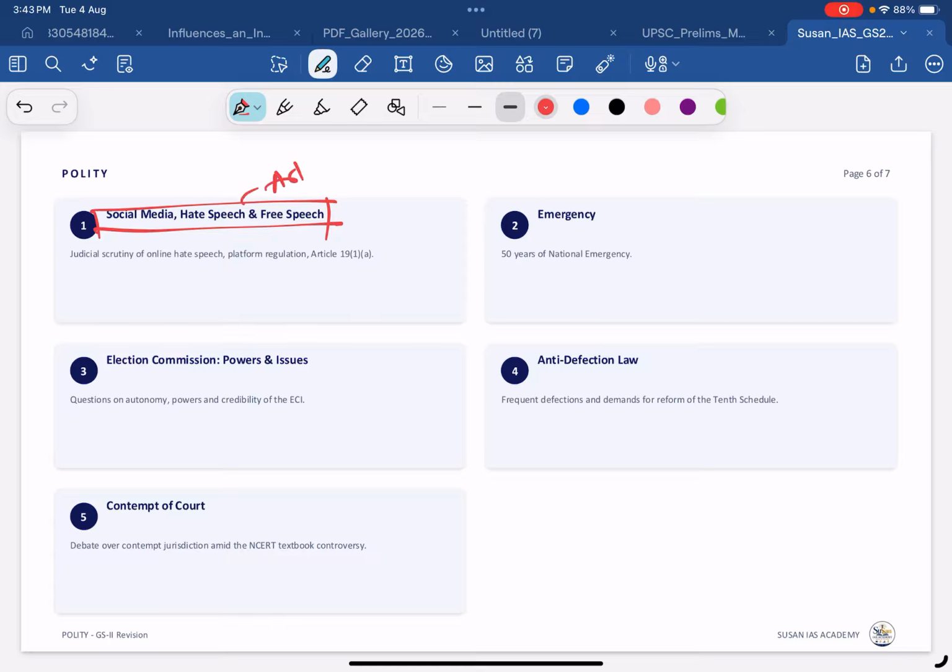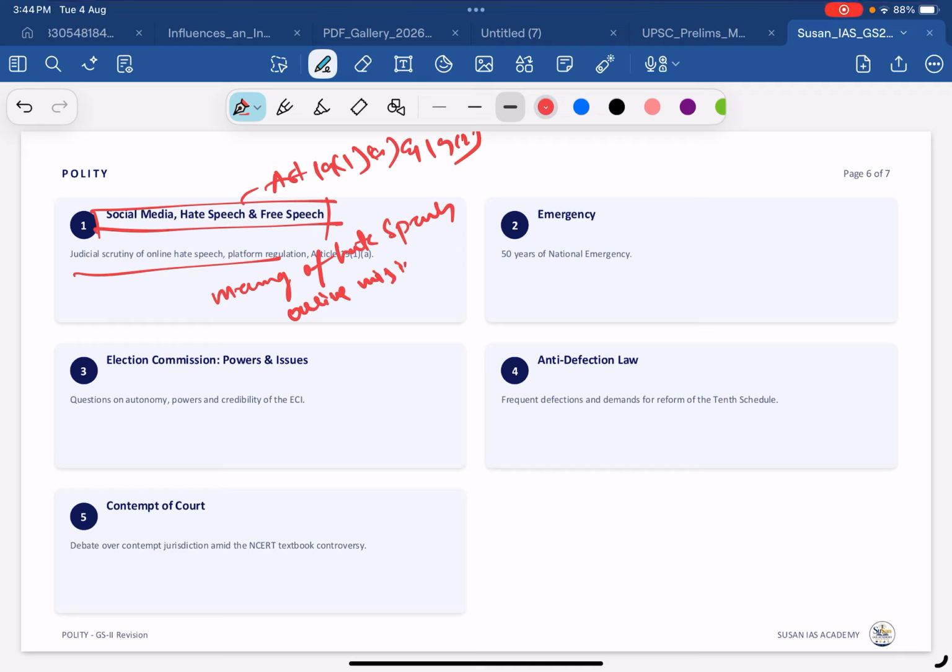It comes under Article 19(1)(a) and 19(2). And the meaning of hate speech, online misinformation, platform responsibility, intermediary liability, and what are the IT regulatory frameworks regarding hate speech.